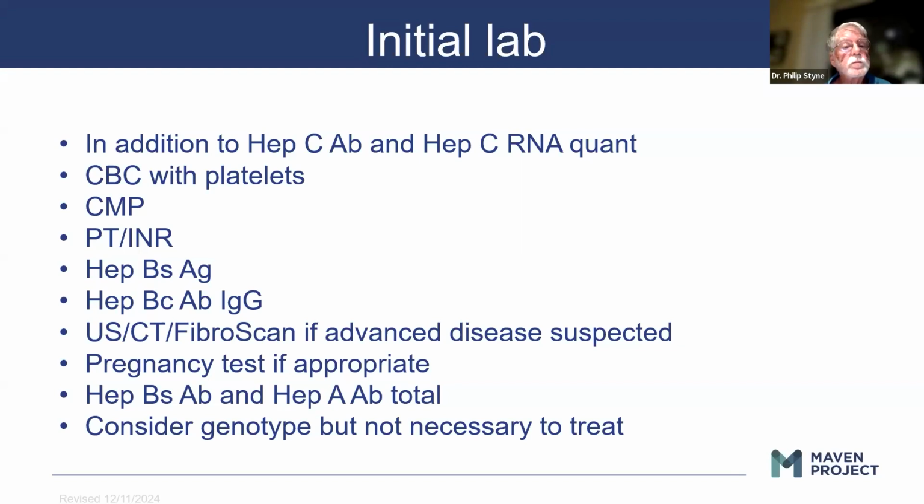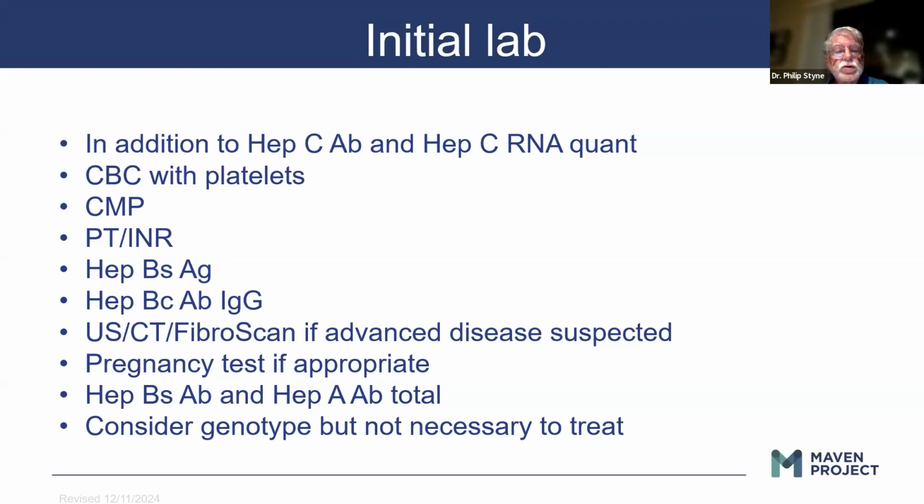B markers: surface antigen and core antibody IgG. Again, we talked about scans if we think that they have advanced disease. Pregnancy test if appropriate.